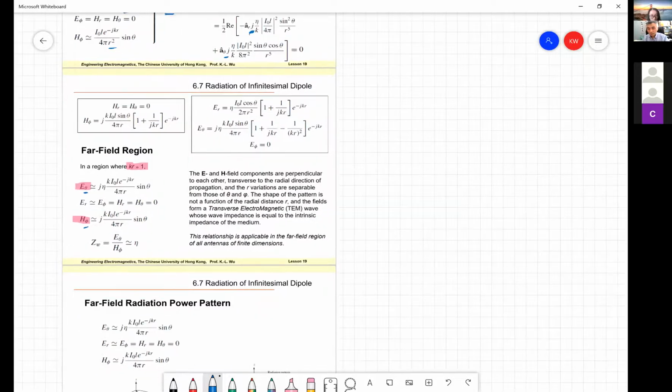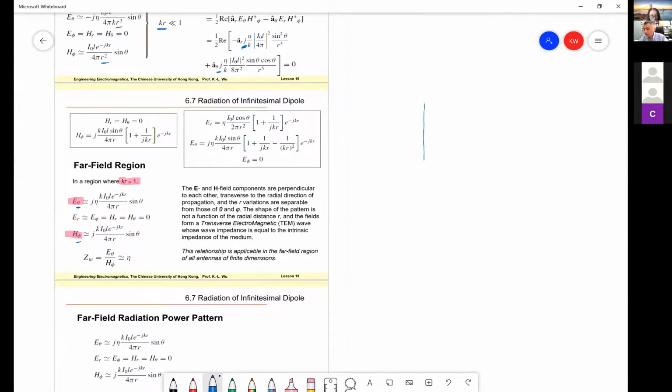In the coordinate system, this is the theta component and that is the magnetic field phi component. These two are perpendicular to each other, and they are also perpendicular to the direction of propagation r.